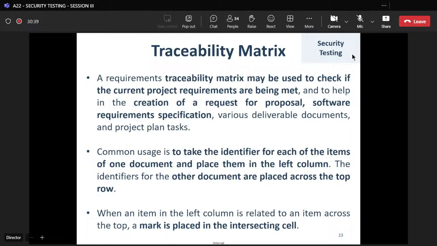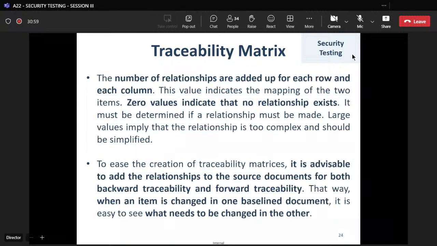So the major, I can say, the common usage is to identify each and every item in your document, and you'll be able to mark whether this is completed, this is pending, and this is in the pipeline, which will help the project team to understand those types of tests. And also they'll be finding relationships to the source documents, which will help them to trace backward and forward also.